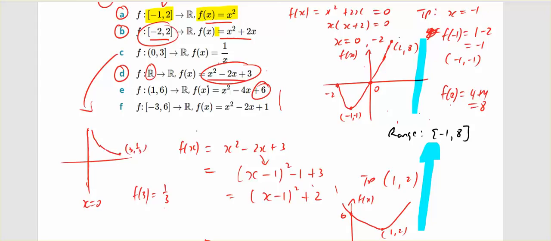And what's my range? My range is from a third, and it goes up to infinity because that goes forever up there. So the range for this graph is a third to infinity.